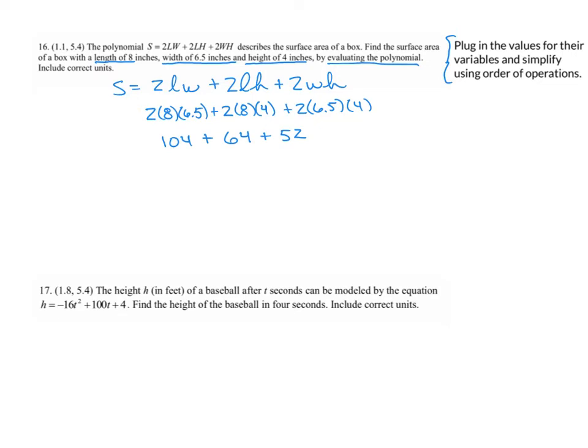If we add this up now, we get S equals 220. As this is a surface area, remember that area has square units, so this is going to be inches squared.